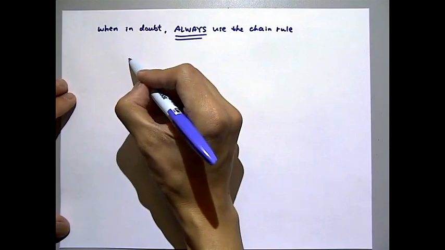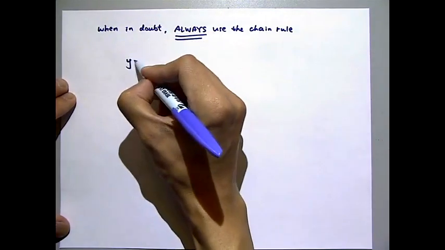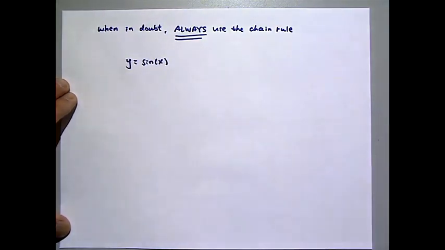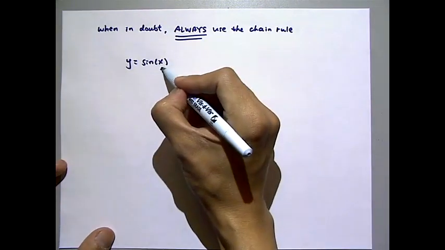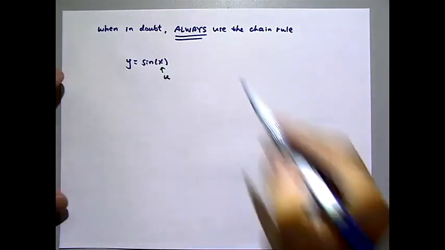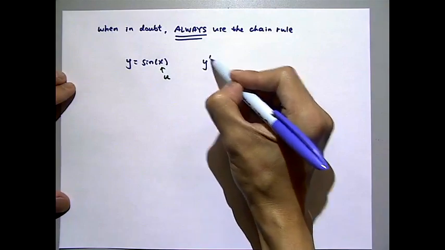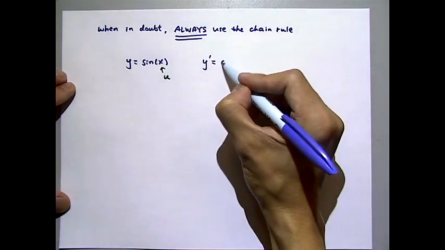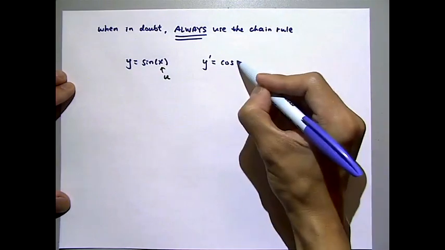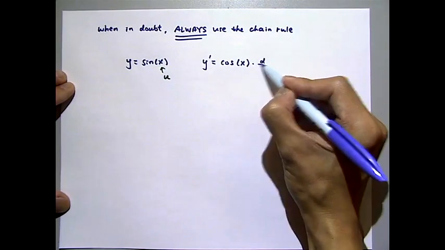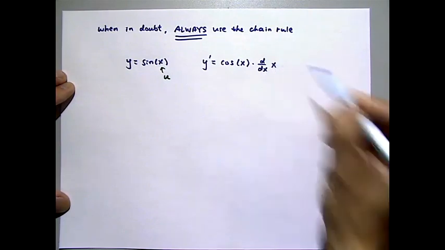For example, if you look at just the pure sine of x, if I want to call this thing u, there's nothing wrong with that. And we know the derivative of sine of u is going to be cosine of that thing we're calling u times the derivative of that thing we're calling u.